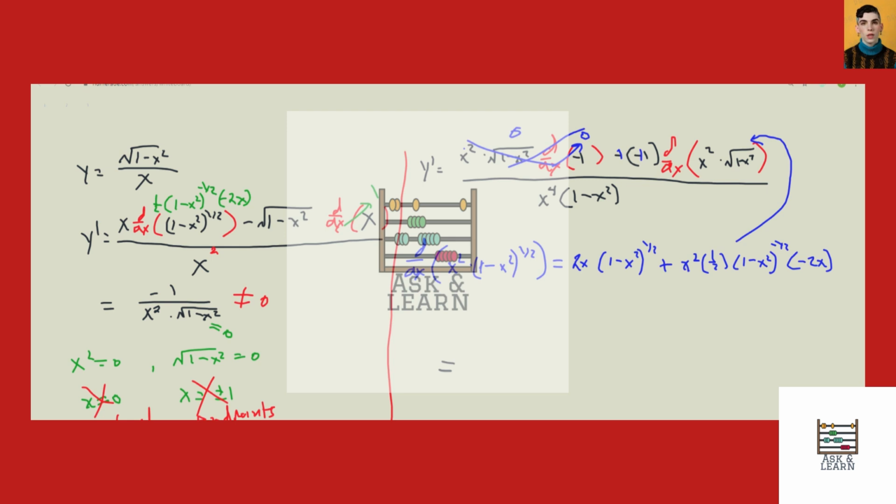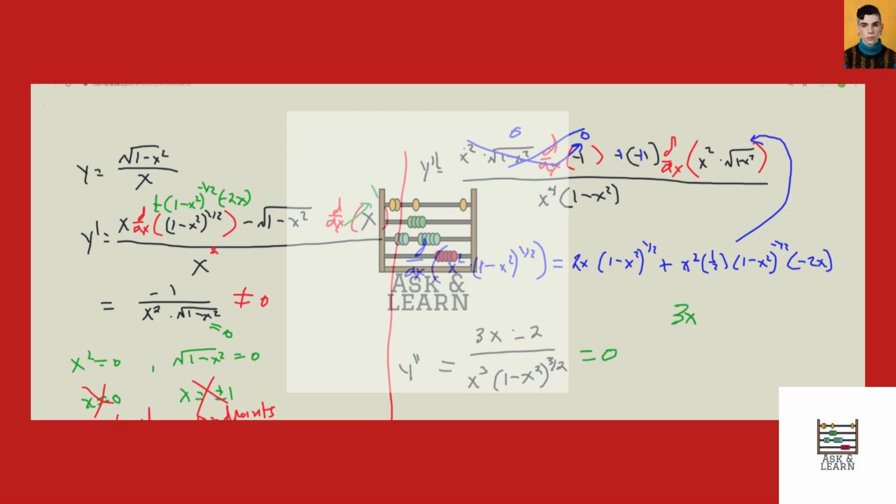And once you do that and do a little bit of algebra, we can rewrite this as y double prime is equal to 3x squared minus 2, all over x cubed times 1 minus x squared to the 3/2 power. And so we're going to need to go ahead and set this equal to 0. And doing that will tell us, and let me actually do that in green instead.